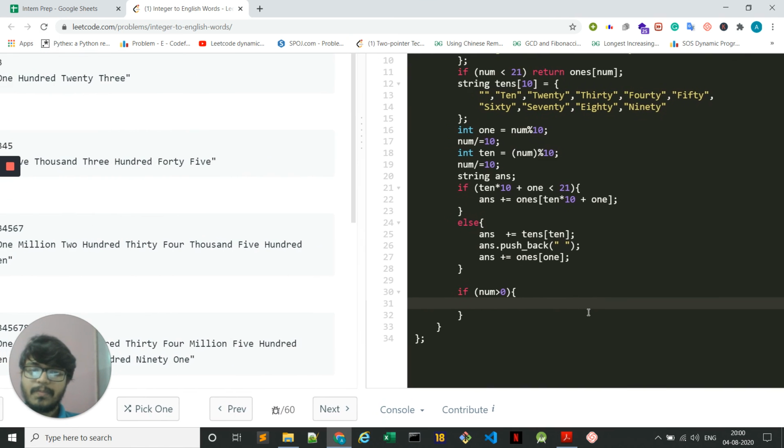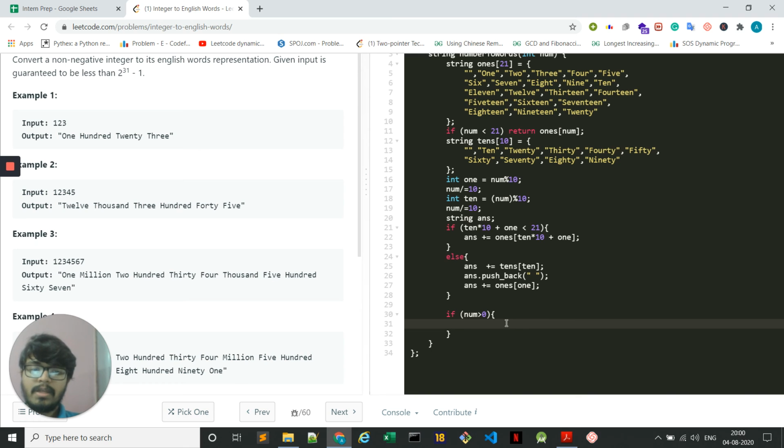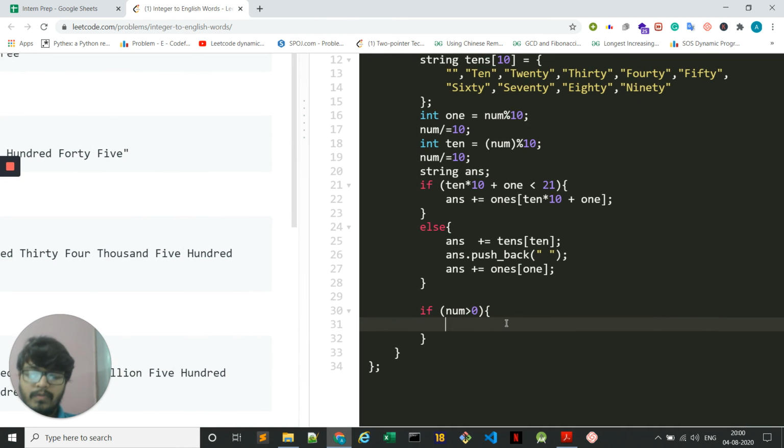Now, if the number is greater than 0, that means it has a digit for 100. Let us say HD denotes the hundreds digit.